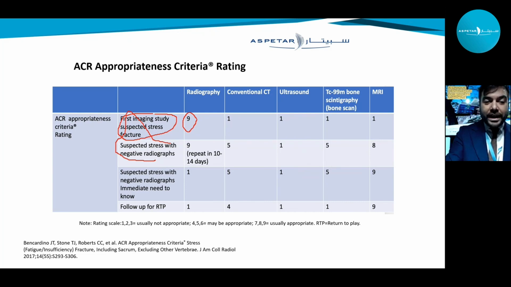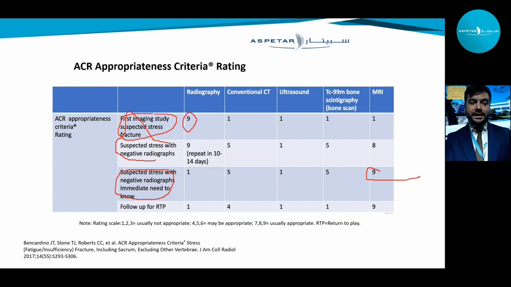In the case of suspicion of a stress fracture with negative radiographs and an immediate need to know, which is normally our case, our patients need the diagnosis. They cannot wait 2 weeks. So the diagnostic imaging technique is MRI, better than scintigraphy and better than CT scan.